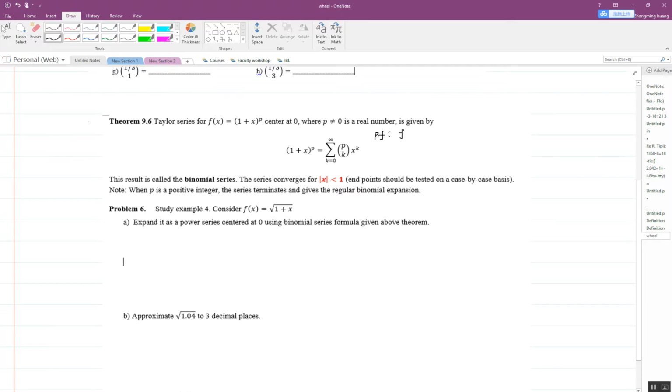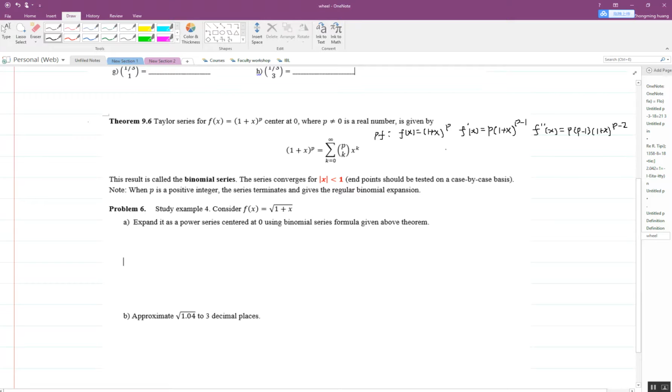So f of x is 1 plus x raised to power p, and f prime of x is going to be p times 1 plus x raised to power p minus 1, right? And f double prime of x is going to be p times p minus 1 times 1 plus x raised to power p minus 2.